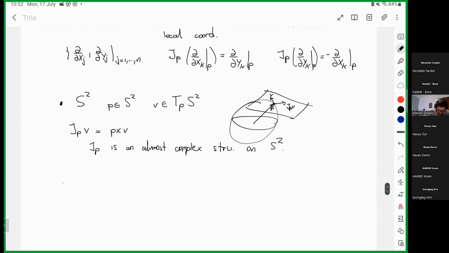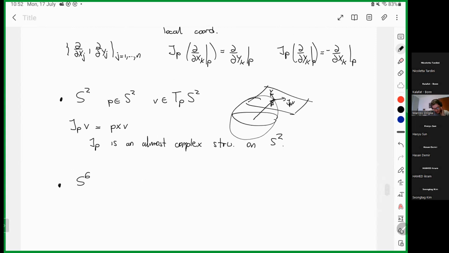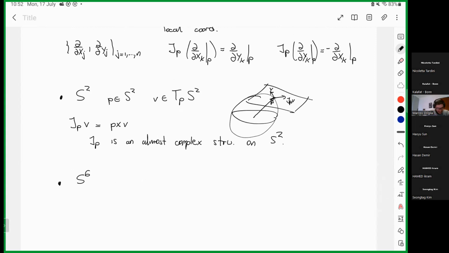In a very similar way, we can define an almost complex structure on the six-sphere. So I won't talk about the details, but the idea is very similar to the previous one, but now we need to use the octonions.